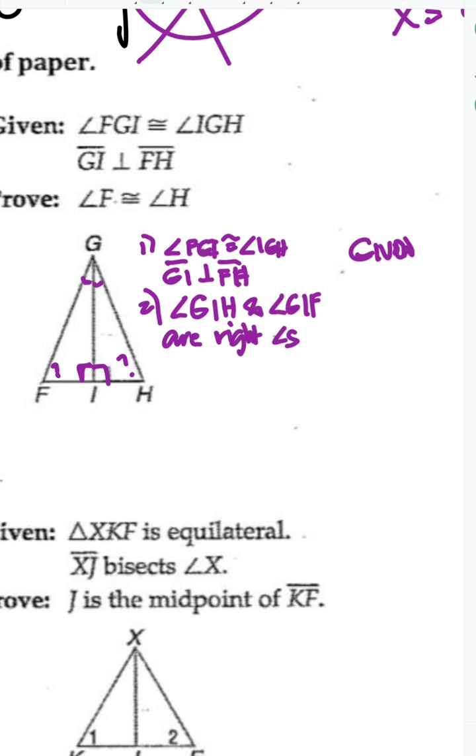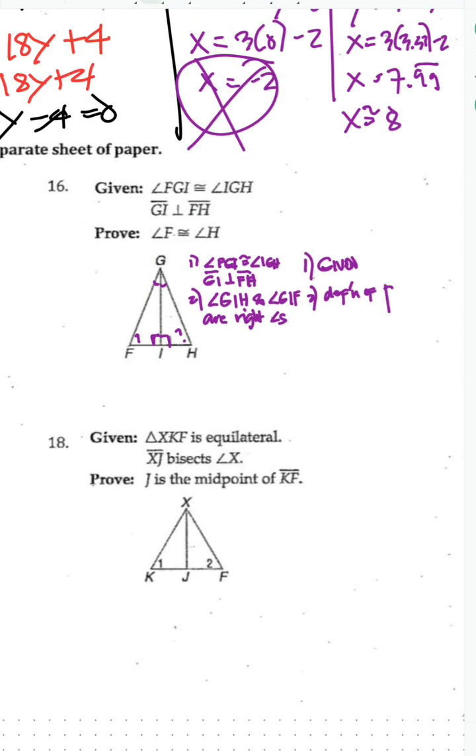Definition of perpendicular lines: perpendicular lines form right angles. Okay, and they share a common side here.